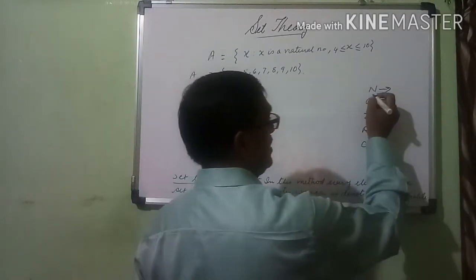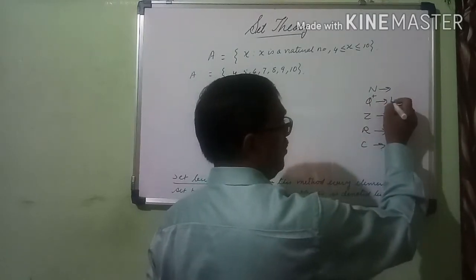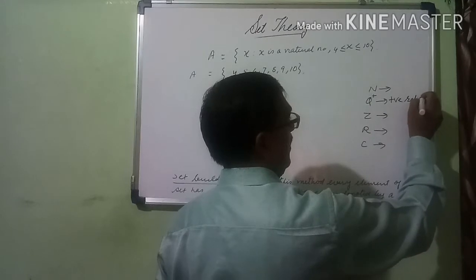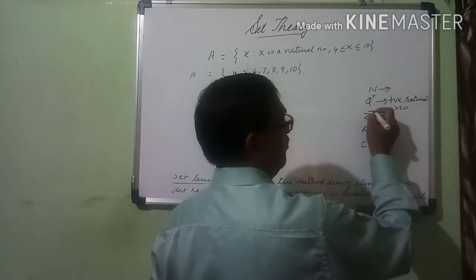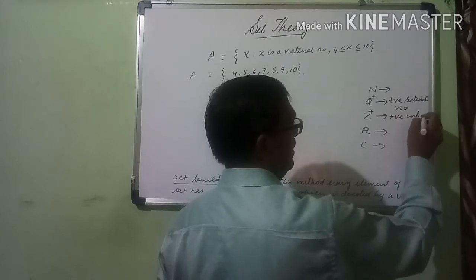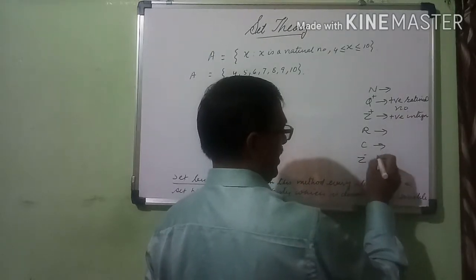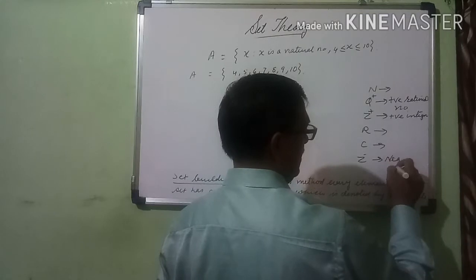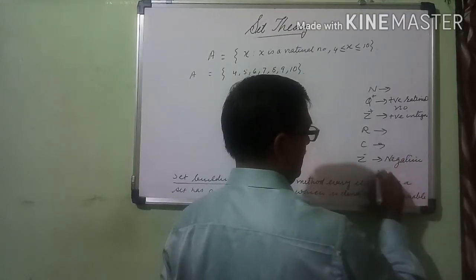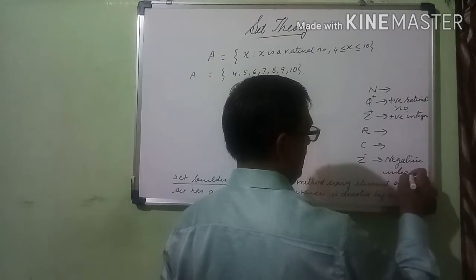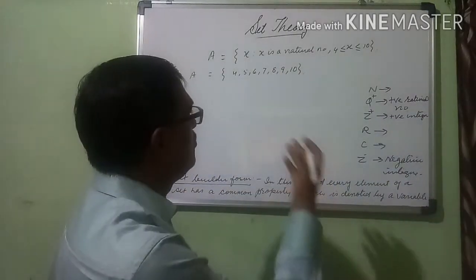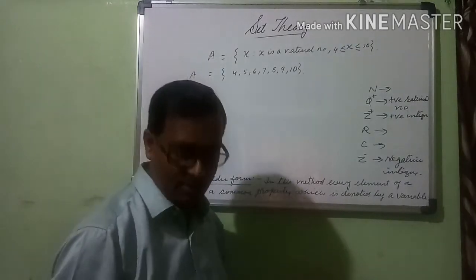Sometimes it happens that plus is given, meaning positive rational number, positive integer, Z minus negative integers. So all these symbols, time to time you will come to know what they mean.